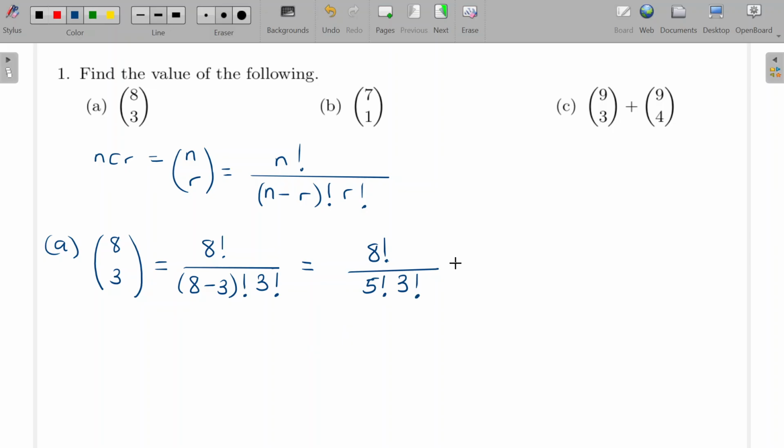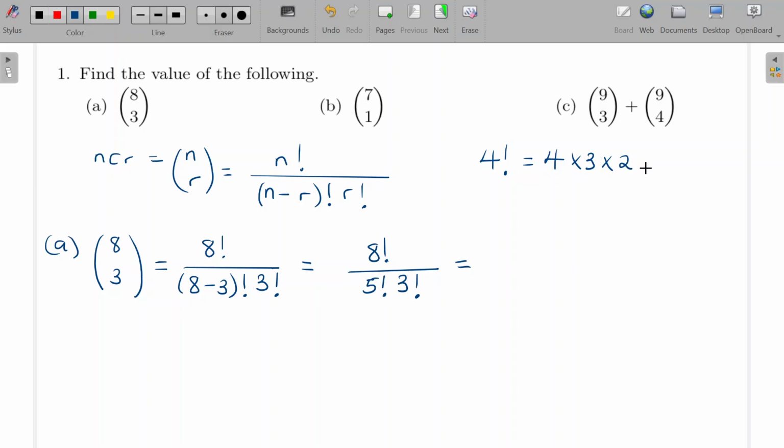When I say factorial, what it implies, for example, when I say 4 factorial, is that it is 4 times the next number that is less than 4 by 1, which is 3. Again, you multiply by a number which is less than 3 by 1, which is 2.